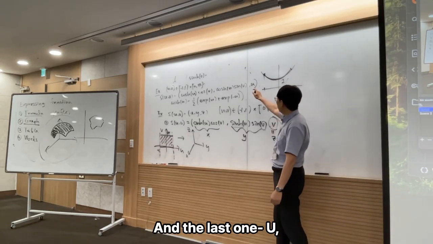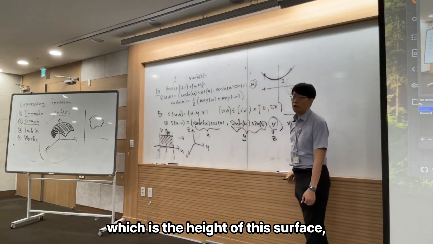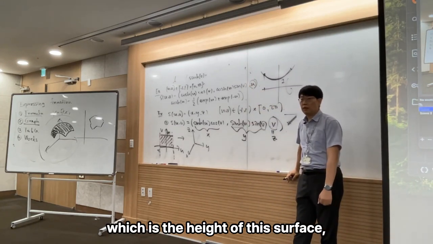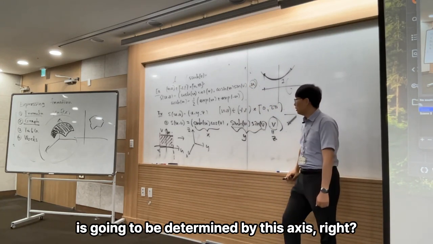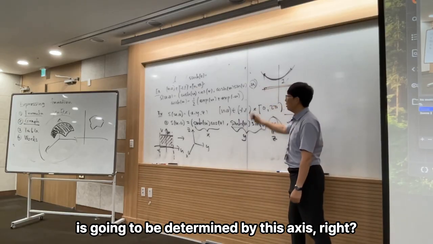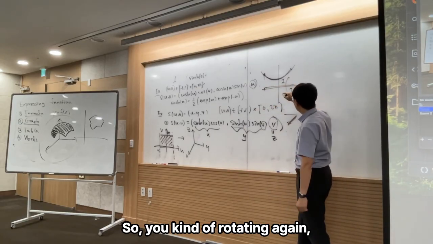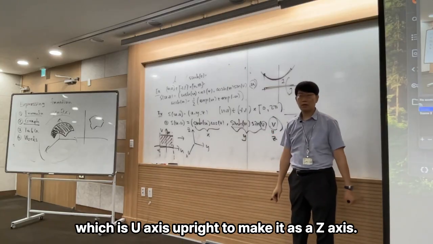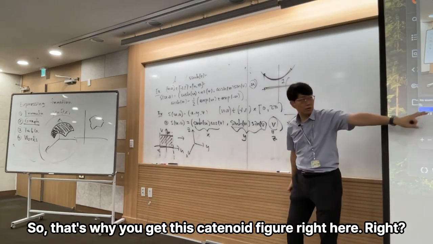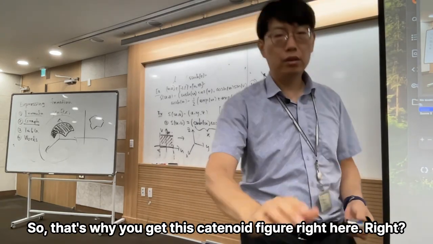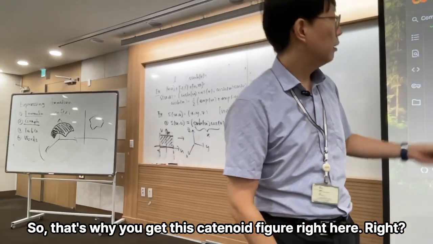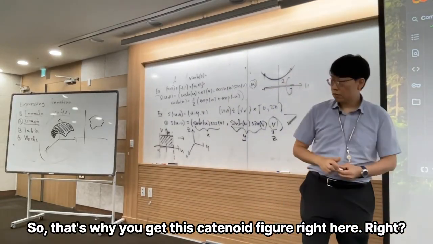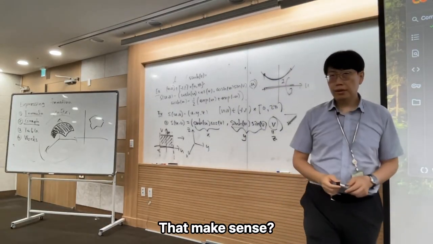And the last one, u, which is the height of this surface, is going to be determined by this axis, right? So you're rotating again, and then put this u-axis upright to make it a z-axis. So that's why you get this catenoid figure right here, right? That makes sense?